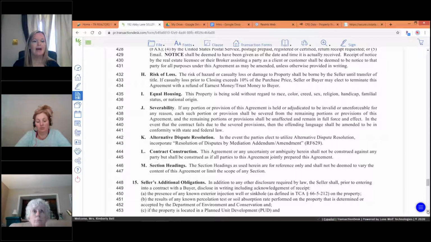We practice equal housing on 435. So on 437, if any portion or provision of this agreement is held or adjudicated to be invalid or unenforceable for any reason, if your person was drunk, okay, this is the ability for them to back out because it becomes invalid.